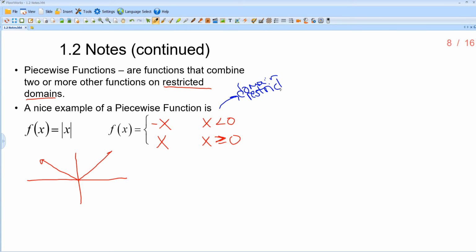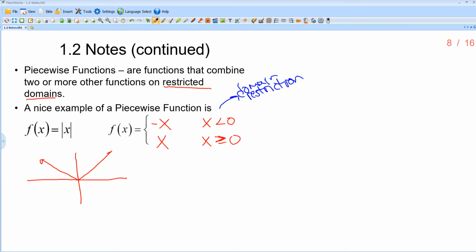It's telling me where this function exists. So negative x only exists to the left of 0, and here's negative x, and it stops once we get to x being 0. Once x is 0, then we have the equation that's just positive x. So now, everywhere to the right of 0, I just have positive x.